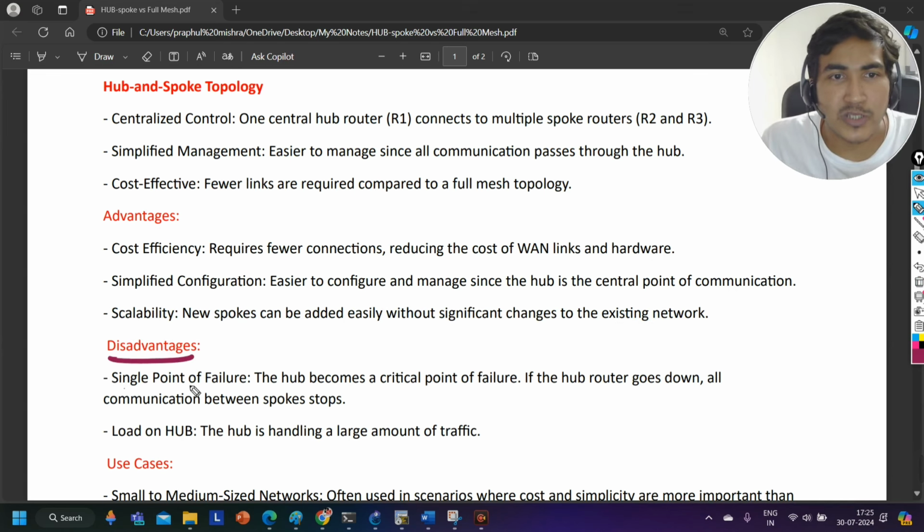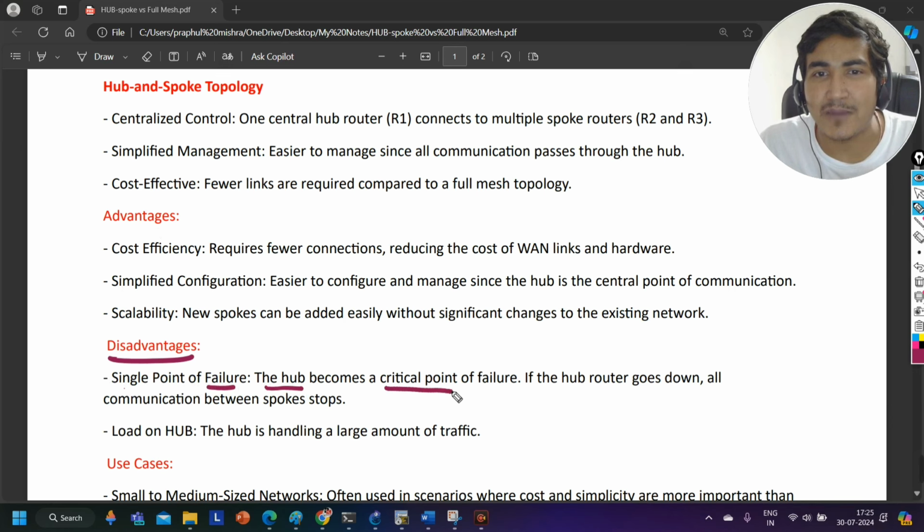See, single point of failure. This is the biggest disadvantage of hub and spoke topology. Single point of failure means the hub becomes a critical point of failure. If the hub router goes down, then the entire network goes down, right?